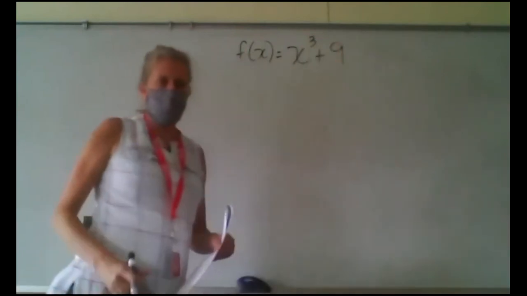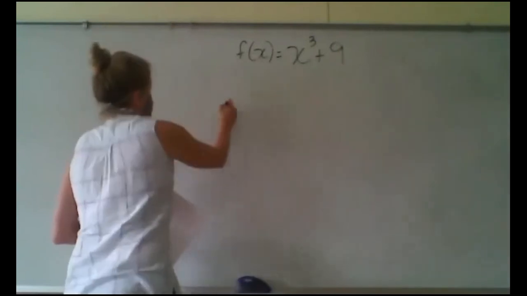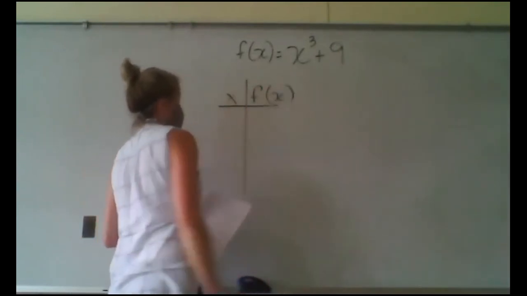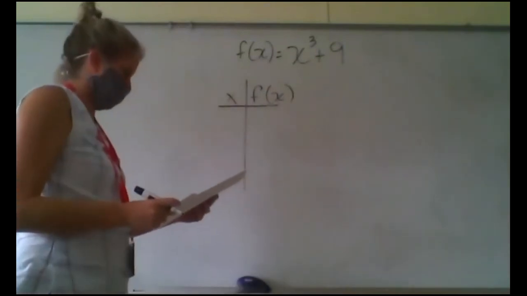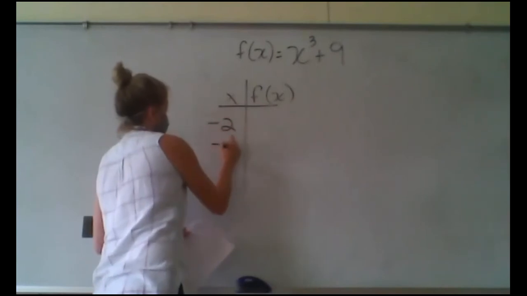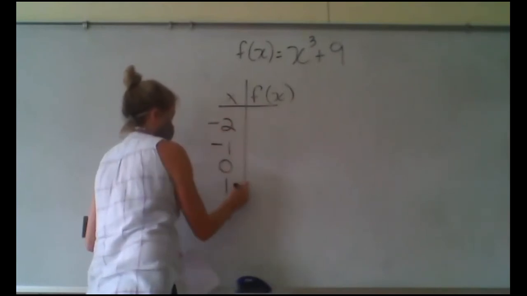All right, x cubed plus 9 is my function f of x. And it wants me to plug in -2, -1, 0, 1, and 2.